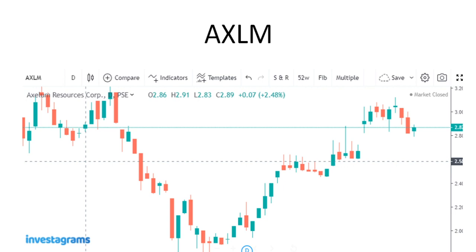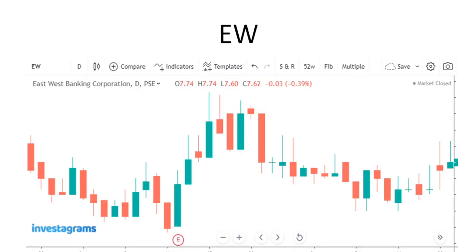All right. The next is East-West. Okay, so step number one, it has to be in an upward trend. Do you see any part of this chart that shows an upward trend? Okay, very good. From this point to this point is an upward trend.